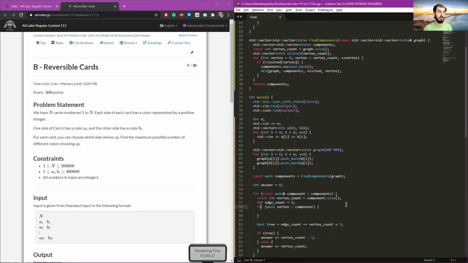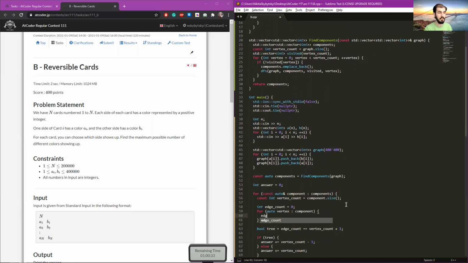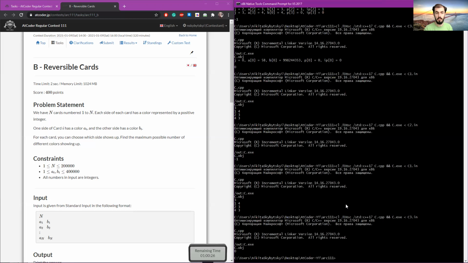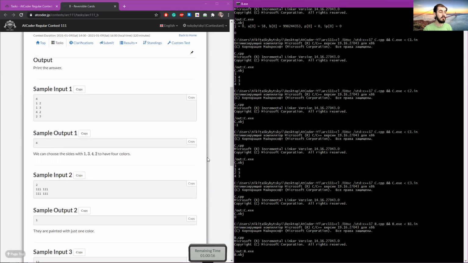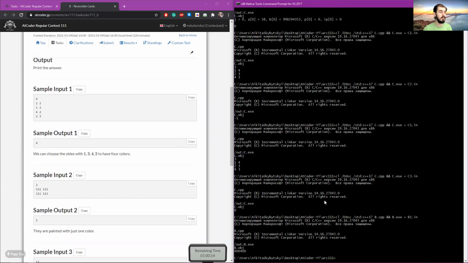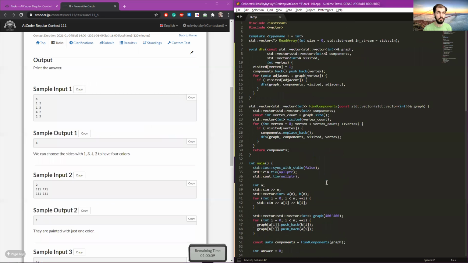Here we want edge count plus equals graph at vertex size. I believe we can simply check like this, whether a component is a tree. We are supposed to get 4. We're clearly getting too much.